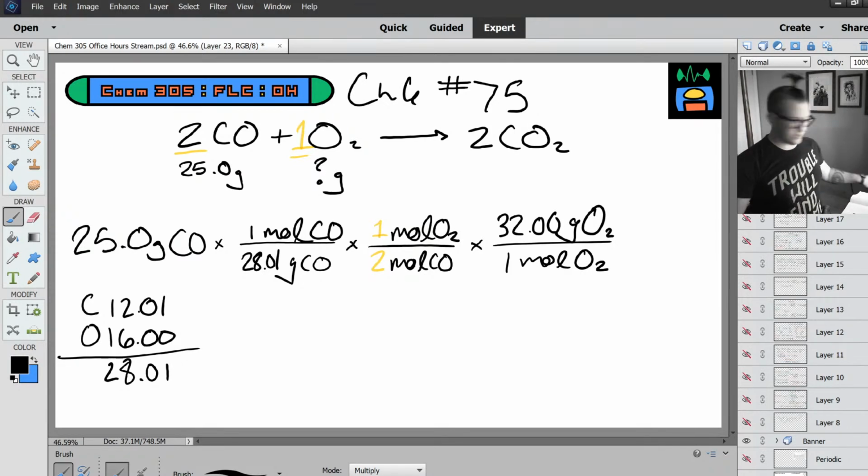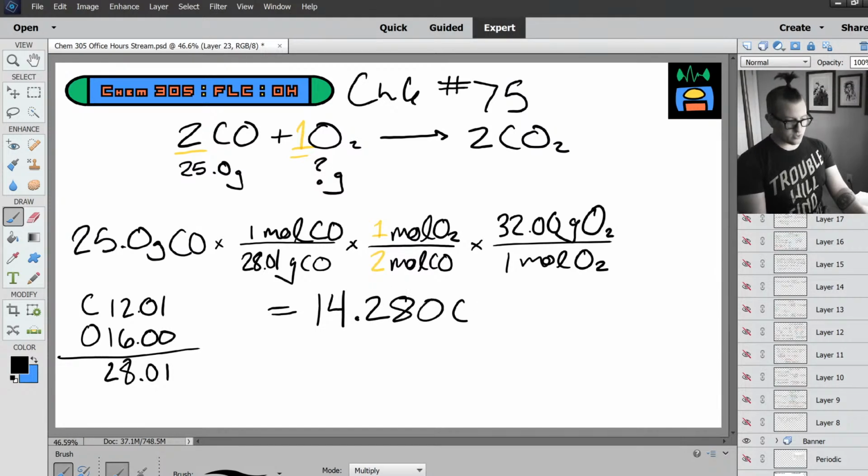Now, where did my phone go? Here we go. Trusty calculator. So 25 divided by 28.01 divided by 2 times 32. Here, I'm actually going to write this down. So this is 14.2806141.